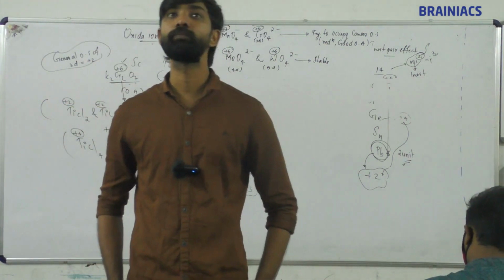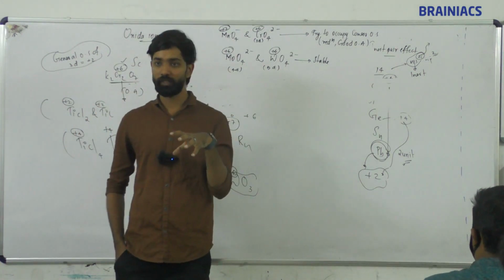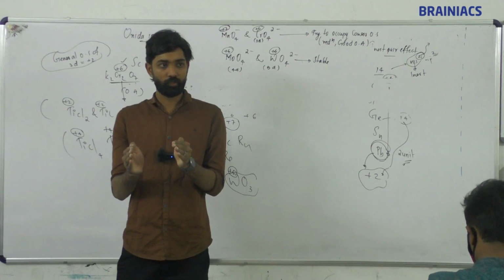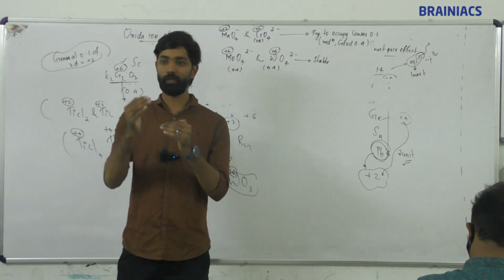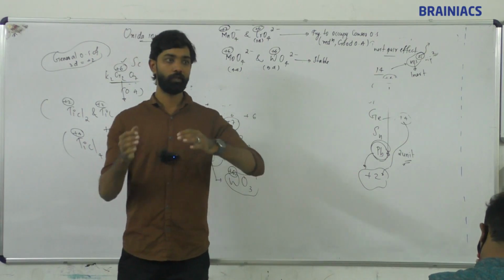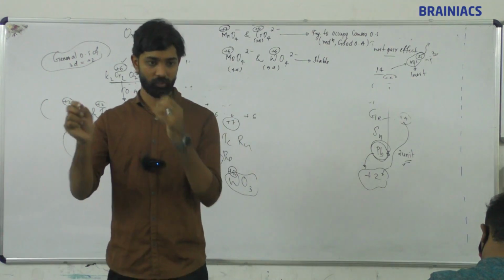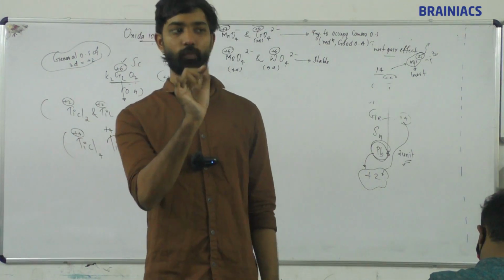Next point, a general point. If a transition metal is in a lower oxidation state, it has a tendency to become higher, so it may act as a reducing agent. If it is in a higher oxidation state, it may act as an oxidizing agent. That's a general point mentioned in your textbook, so put it as a point.